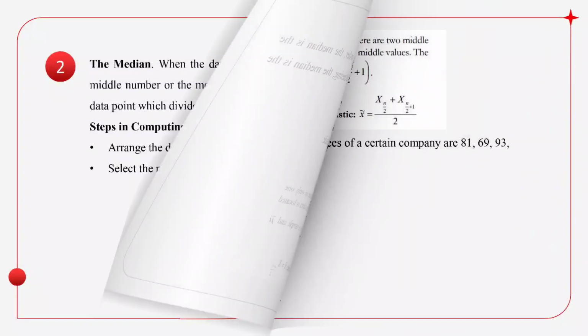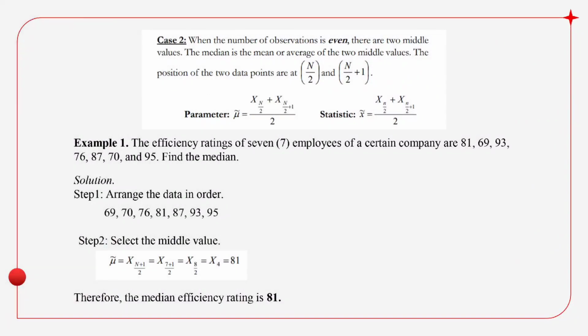And case number 2, when the number of observations is even, there are two middle values. The median is the mean or average of the two middle values. The position of the two data points are at n divided by 2 and n divided by 2 plus 1.